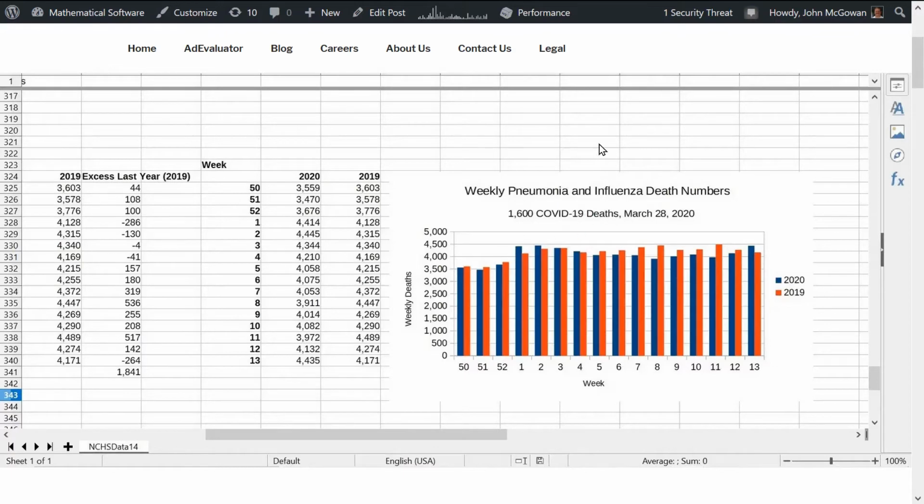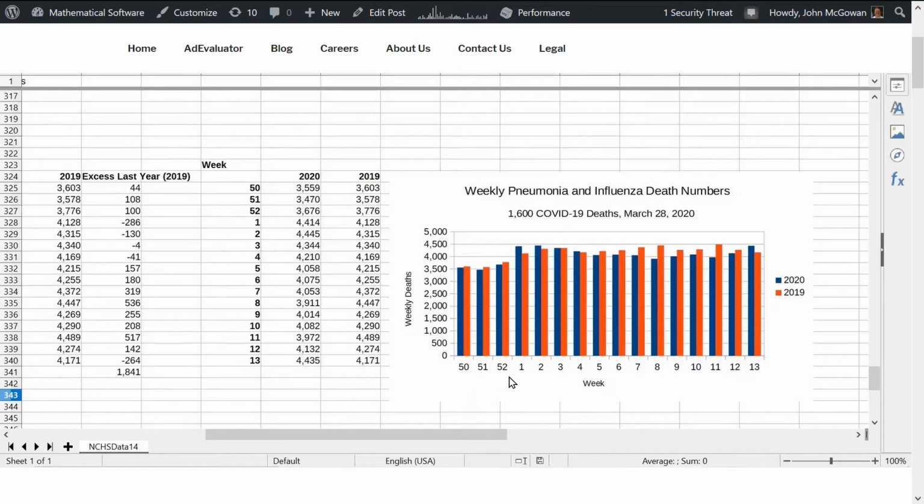What I'm doing is comparing the number of deaths in each week of this year, 2020, to 2019. The horizontal axis is the week of the year, so for each year, 50, 51, and 52 refers to the last 3 weeks of the preceding year. So for 2020, 1 through 13 would be week 1 through week 13 of 2020.